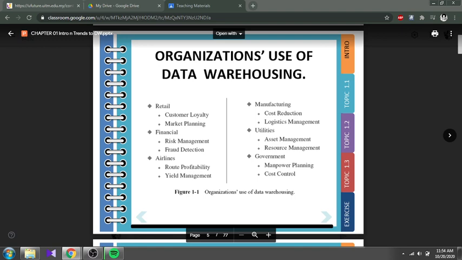For the utilities, asset management, resource management, utilities I think more related to electrical, like the water, alright.